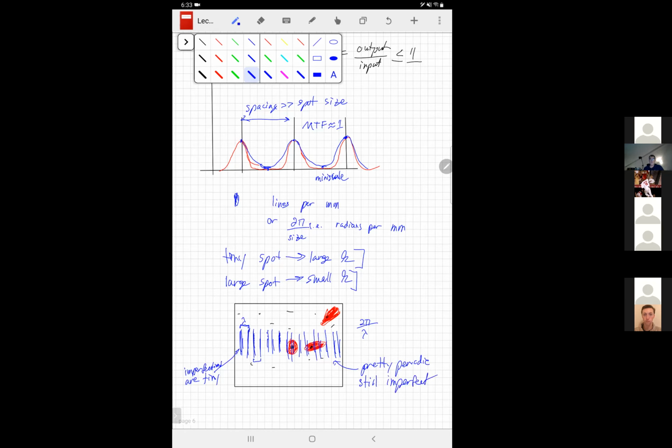Well, all those imperfections are at some spatial frequency much higher than what I'm trying to measure with the ruler. So I Fourier transform the image, and I just work with the spatial frequency that corresponds to the periodicity of the ruler, and all of the imperfections on that ruler are going to be completely irrelevant.